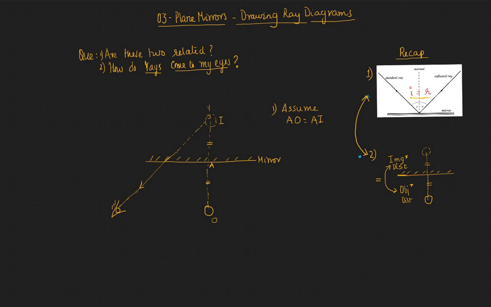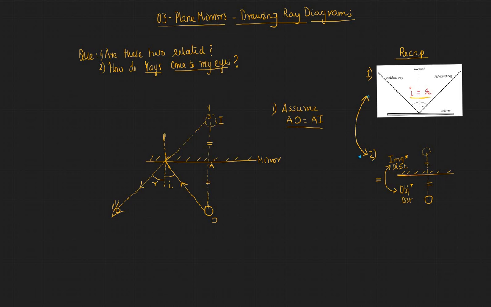Now if this ray would have come from here, then the ray would have got reflected from here. So now let's prove that this implies the angle of incidence is equal to the angle of reflection.